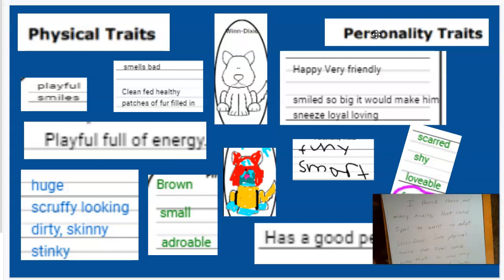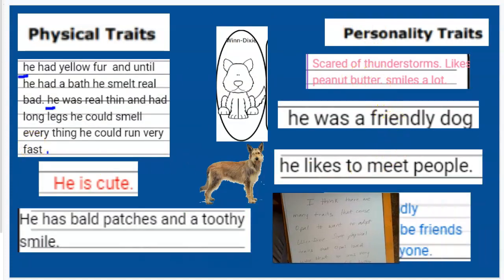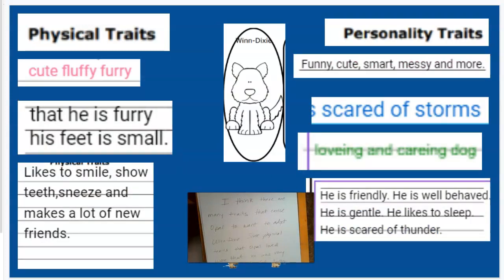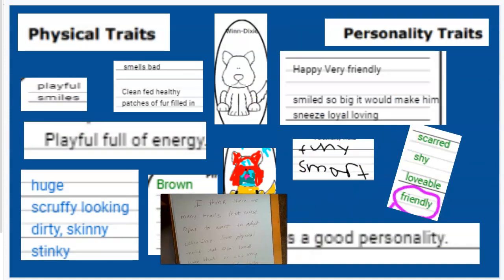Another reason Opal may have wanted to adopt Winn-Dixie is what? Let's talk personality. Well, he was scared. He's friendly. He likes to be friends with everyone. Definitely scared of storms and very funny and smart.